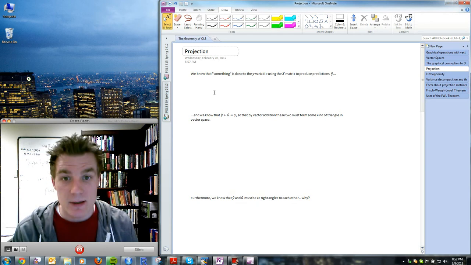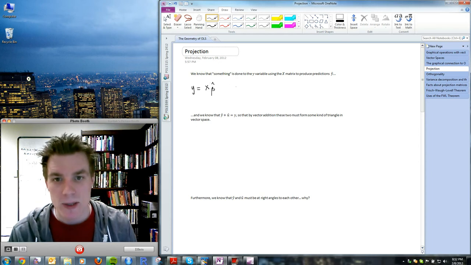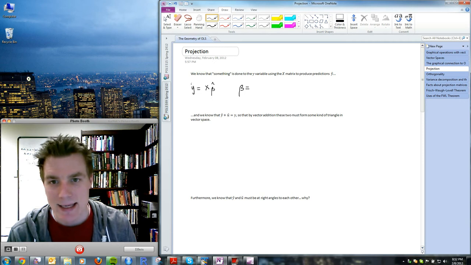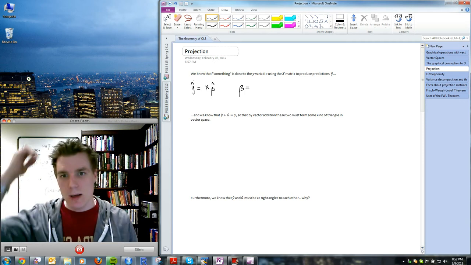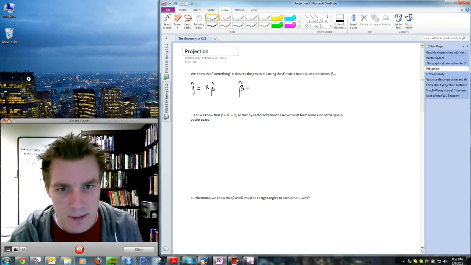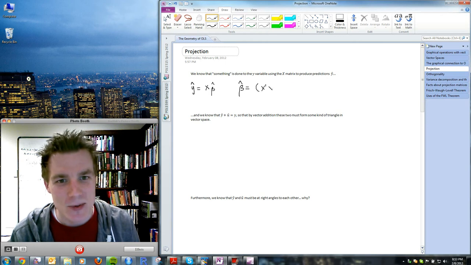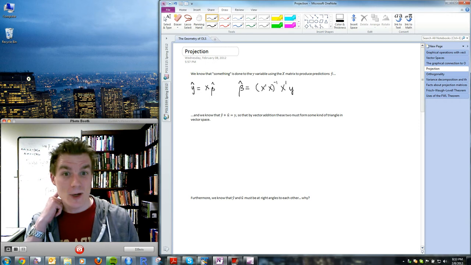In particular, we know that y hat equals x beta hat, so the prediction of y is x beta hat. And we know that we get beta hat by taking, this is the formula you should have tattooed on your arm, x transpose x inverse x transpose y, right?